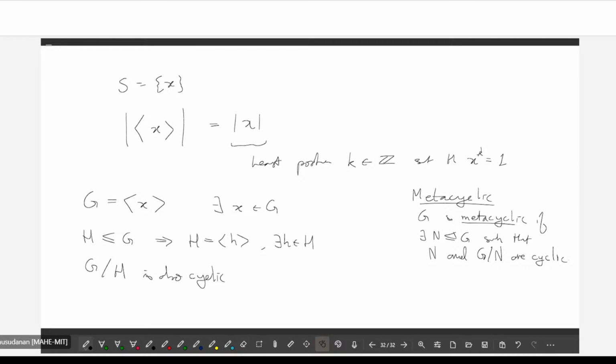I mean, you can see that it is, but can you argue in a more abstract manner why that must be true? If I tell you that the Klein 4 group definitely has some non-trivial proper subgroup, then without looking at what they are, can you tell me why it must be metacyclic?